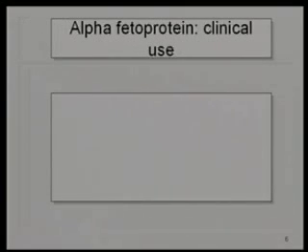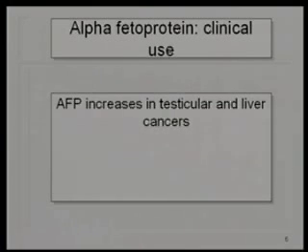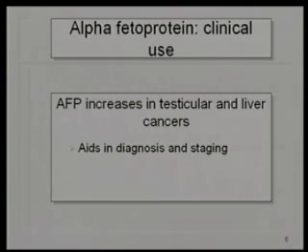I'll tell you a little bit about the clinical use of alpha-fetoprotein. It is particularly increased in testicular and liver cancers. And I've got one example of how it has been used in staging or diagnosis of testicular or liver cancers.